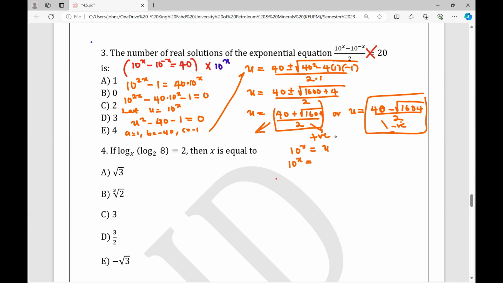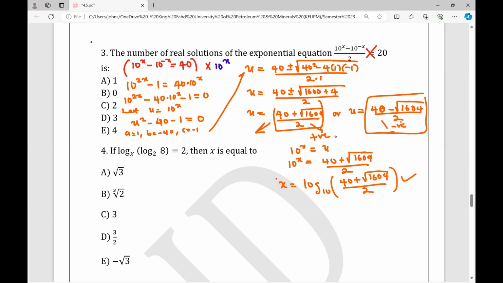For example, if you take this u, which is positive, we'll have 40 plus the square root of 1604, divided by 2. And now you can take the log. So x is going to be log to the base 10 of 40 plus the square root of 1604, divided by 2. So this will be a real number, right?